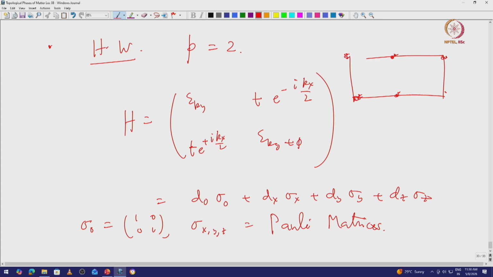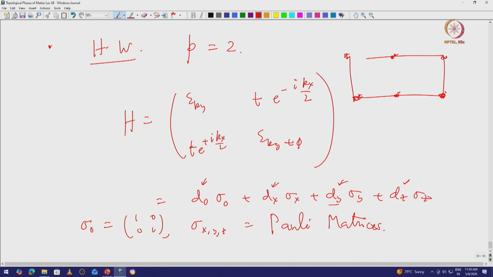There are 2 orbitals here, and you can work out what they are, and it is important for you to figure out what they are, and you will get a Hamiltonian which will be very similar to a Chern insulator Hamiltonian that we will introduce later, called the Rice-Mele Hamiltonian.